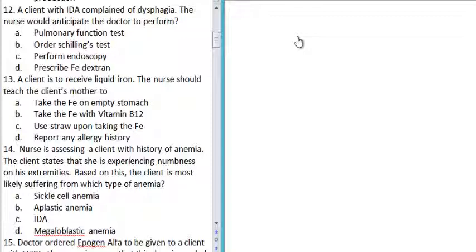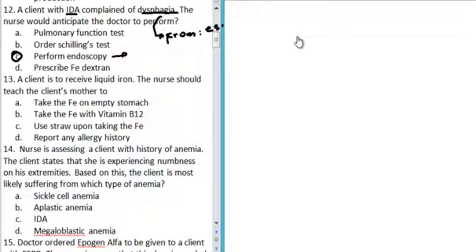Number 12. A client with iron deficiency anemia complains of dysphagia. The nurse would anticipate the doctor to perform a pulmonary function test, order Schilling's test, endoscopy, or prescribe iron. The answer here is letter C, perform endoscopy. Expect the doctor will perform endoscopy because if a patient with IDA develops dysphagia, there is a chance that the dysphagia is due to a formation of what?